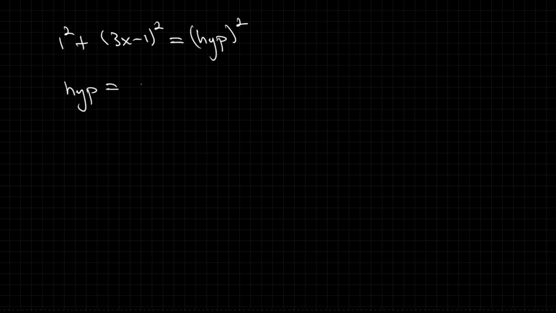And so the Pythagorean theorem says that 1 squared plus 3x minus 1 squared has to be equal to the hypotenuse squared. And so solving for the hypotenuse, you get that this is going to be plus or minus the square root of 1 squared plus, and then you have to FOIL this or distribute this, however you want to phrase that, just like we did in the last problem, 9x squared minus 6x plus 1.